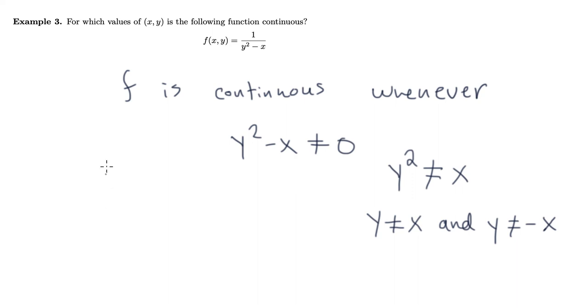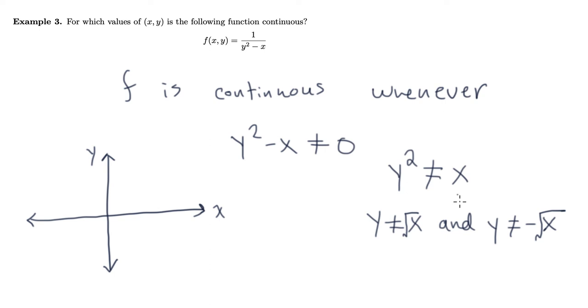And so what does this mean? Well, let's look at the xy plane. So this means that f is going to be continuous everywhere in all of the xy plane, or R2, except for y equal to square root of x, and y equal to minus square root of x, because I took the square root of both sides. So there we go.